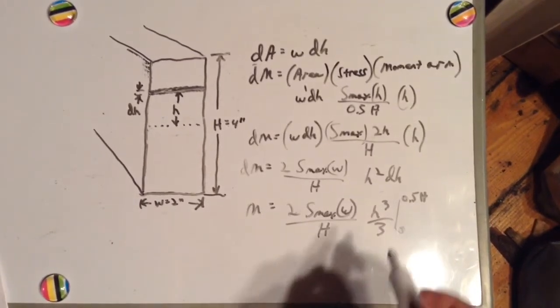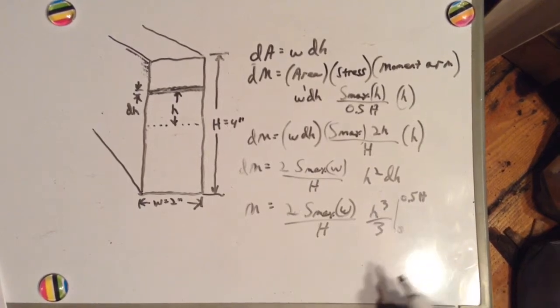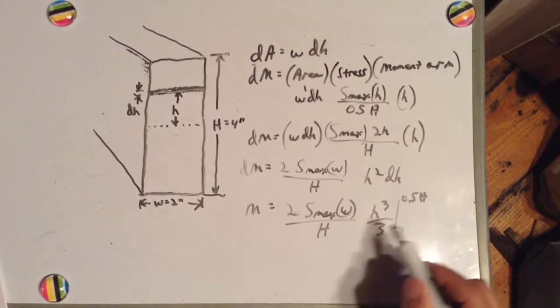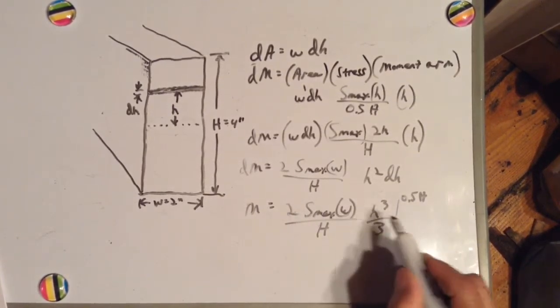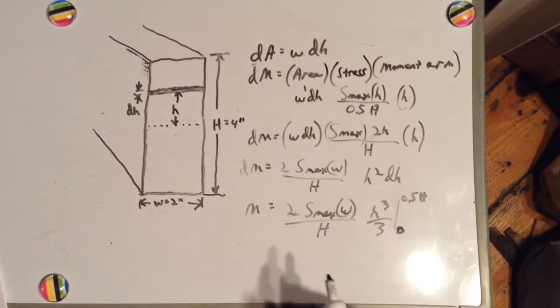So now we plug 0.5 times capital H into the little h spot here, because that's our upper limit of integration. And we see what we have, and then we subtract this equation with 0 put in the h cubed spot.